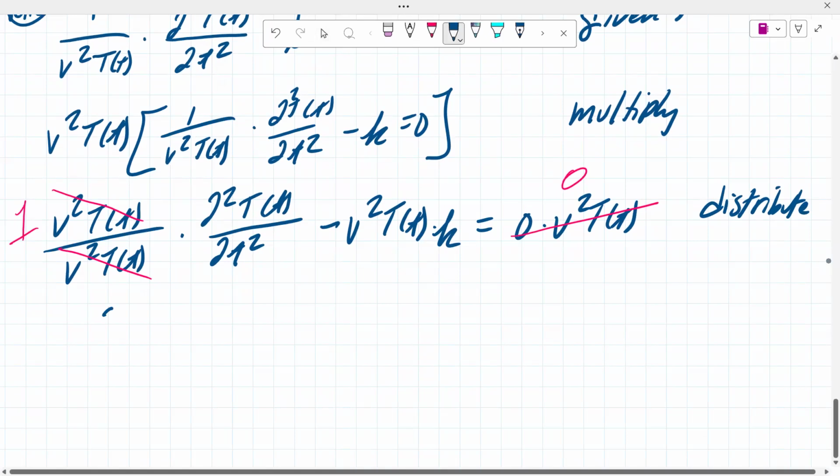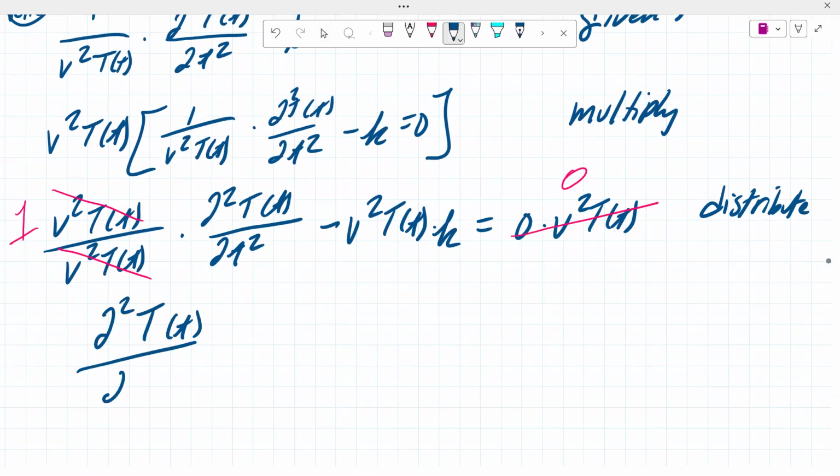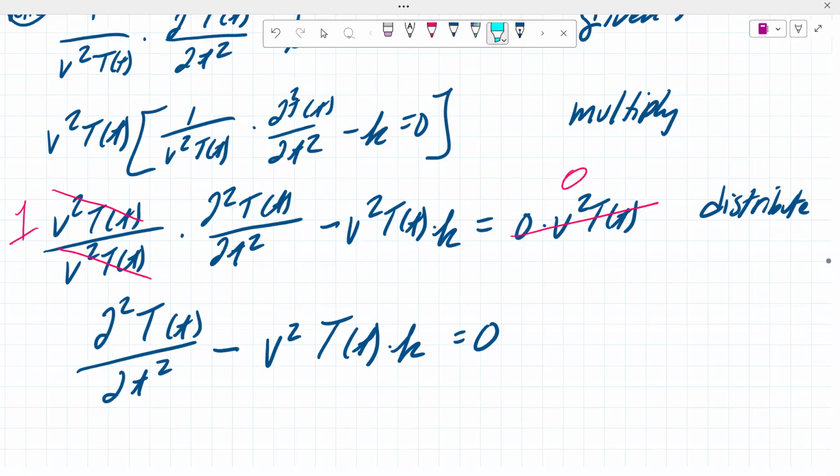So we got d squared t of t over dt squared minus v squared t of t times k equals 0.